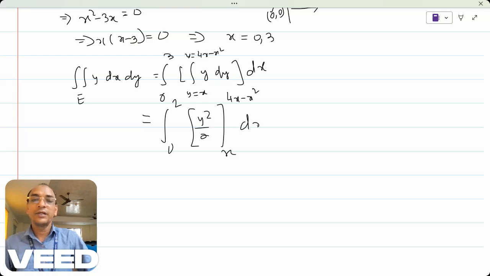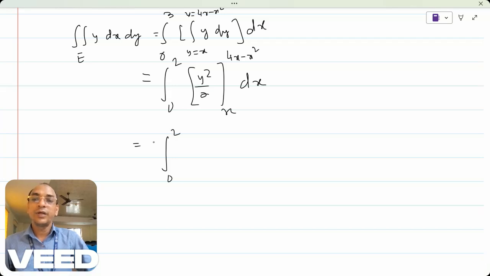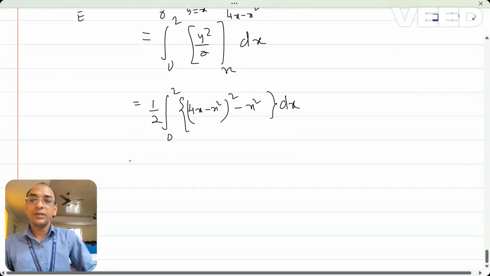And then whatever answer you will get, integrate it with respect to x. So integration 0 to 3, 1 by 2 is constant, you can take it out. Y square in place of y, so 4x minus x square whole square is the upper limit, and the lower limit is x square, and you integrate with respect to x. Now you open this one, 1 by 2 will be there.